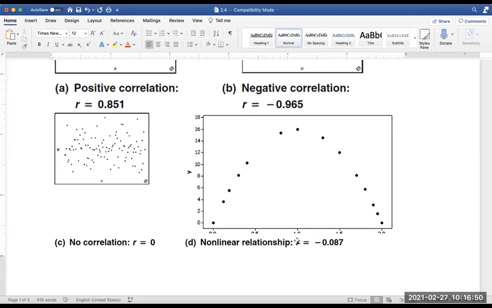So this is virtually 0. So the linear correlation coefficient is essentially 0, negative 0.087. And so there's no linear relationship, no linear correlation. But there is a nonlinear relationship.